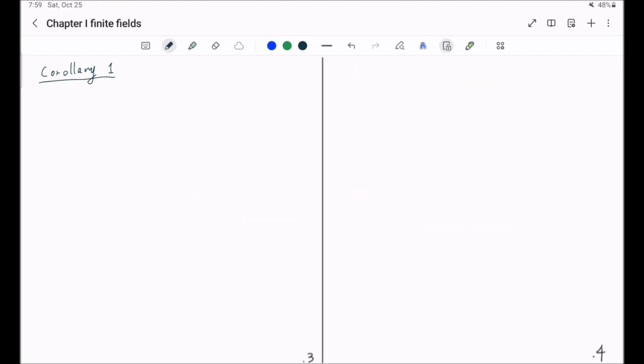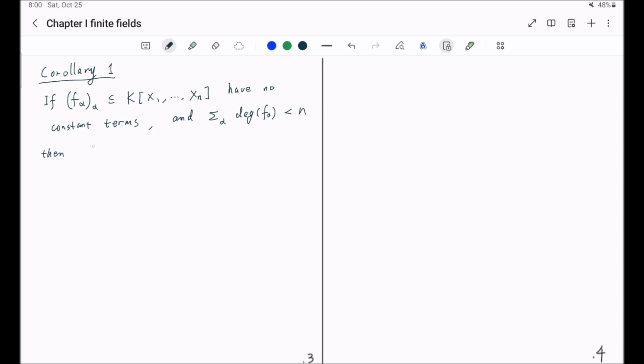Now let's discuss two corollaries to Chevalley-Warning theorem. If you have a bunch of polynomials over K in n variables with no constant terms, and the sum of their degrees is strictly less than n, then they must have a non-trivial common 0.